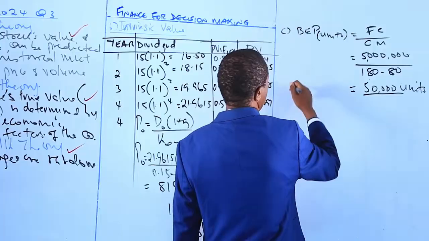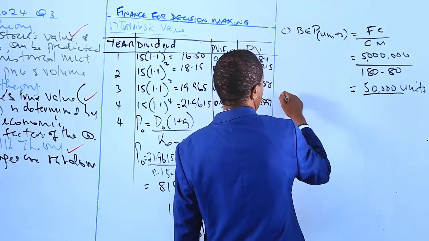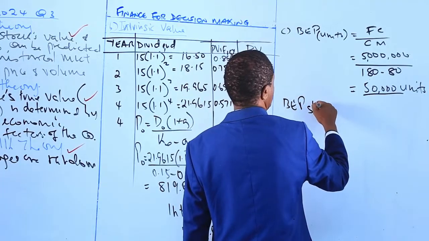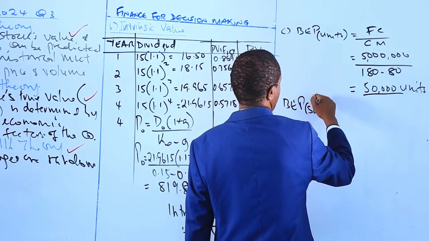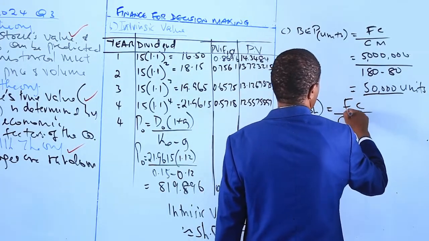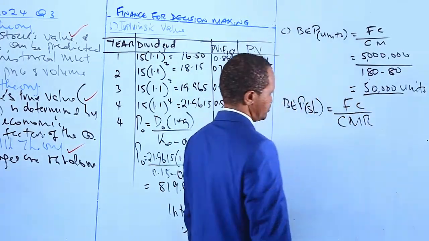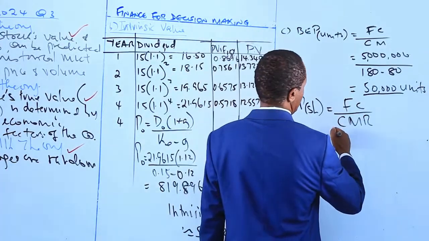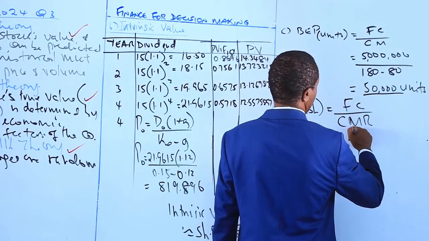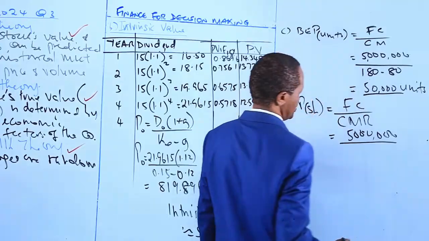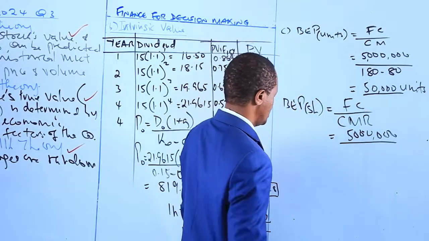Then to calculate the break-even point in shillings, that will be equal to the fixed cost over the contribution margin ratio. So we are going to have 5 million over the contribution margin ratio. How do you calculate the contribution margin ratio?